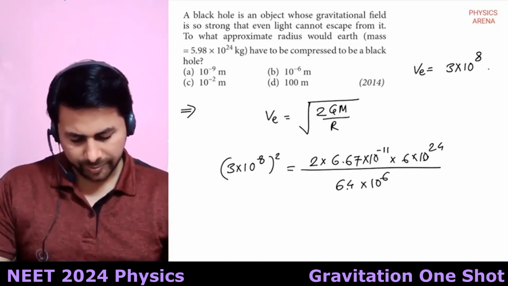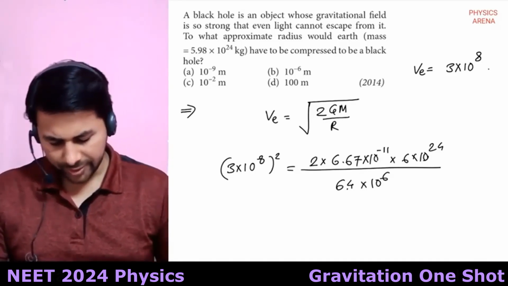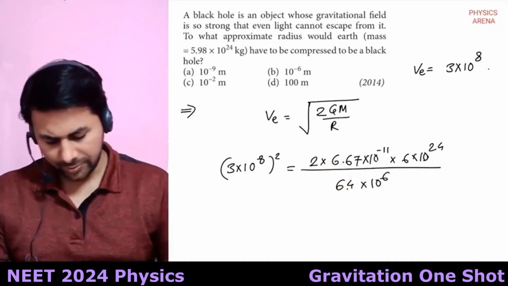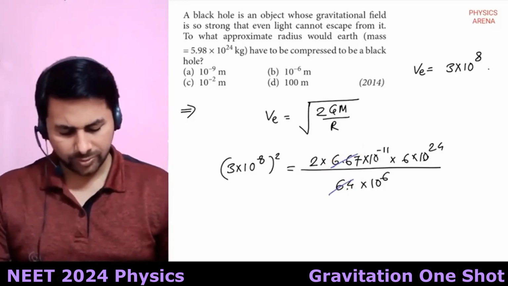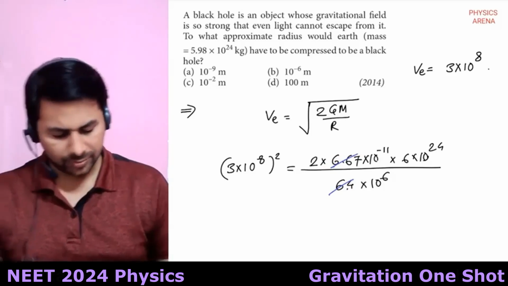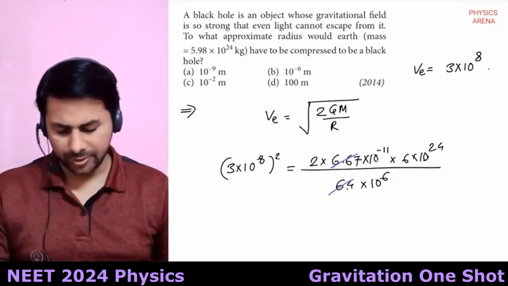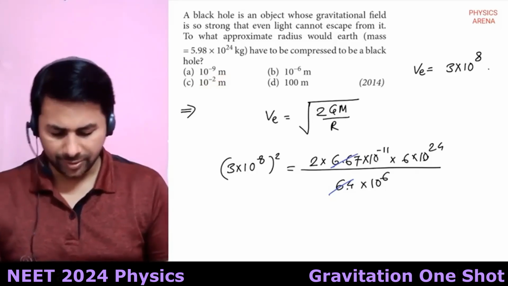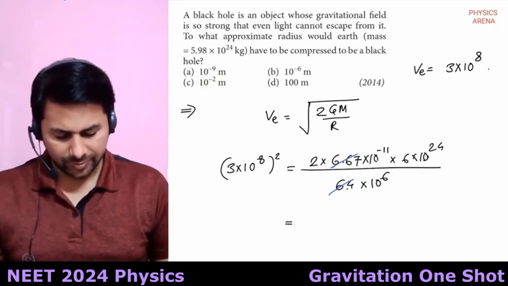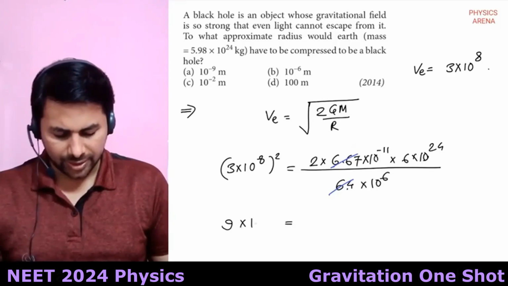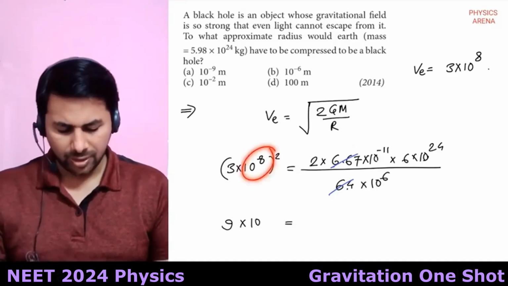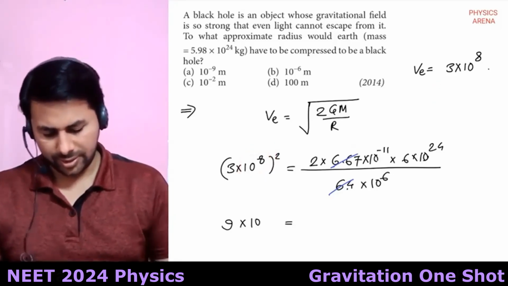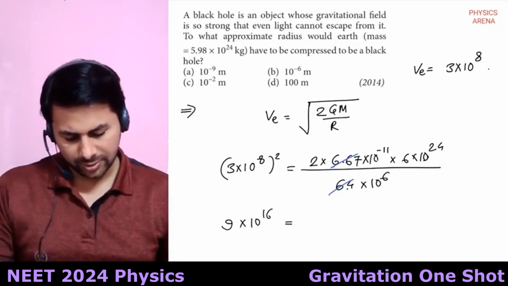So we'll do some round figure calculations here. This thing will be 1.1 or something, but we just want order of magnitude, so it doesn't matter. We'll just cancel it out. Then we get 9 into 10 raised to 16.